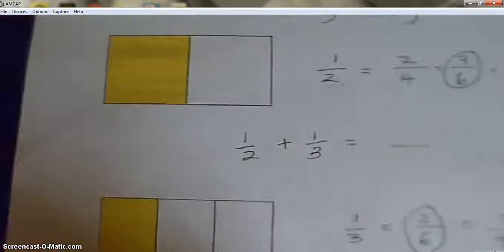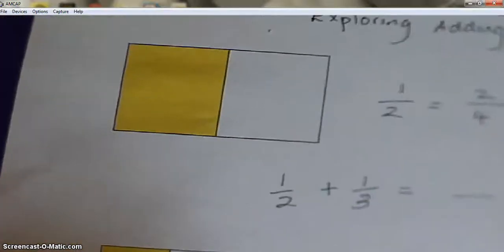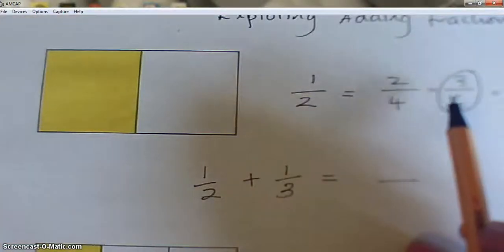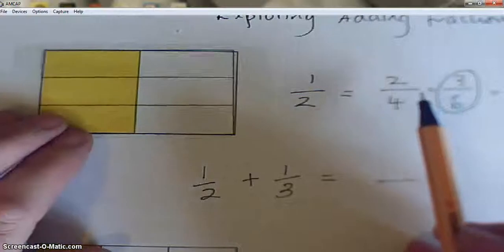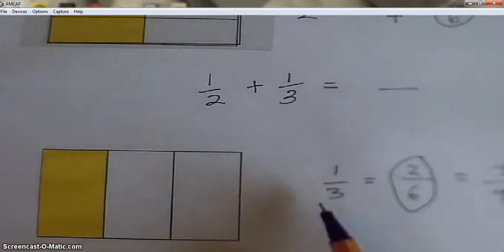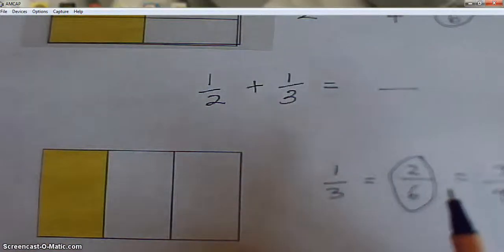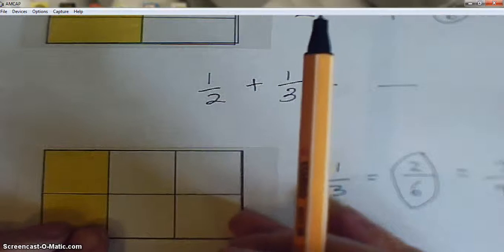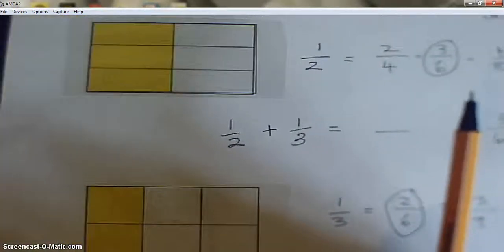Now what's quite nice about this is I can go back and I can physically, I've timesed this by 1, 2, 3. So I take my 3 and I pop it over there and I've got 3/6. Here I am timesing my fraction by 1, 2. So I pop the 2 over. Now as such I have my equivalent pieces.